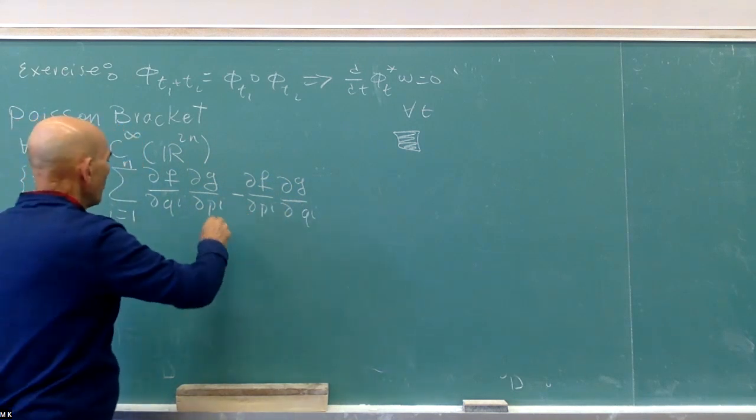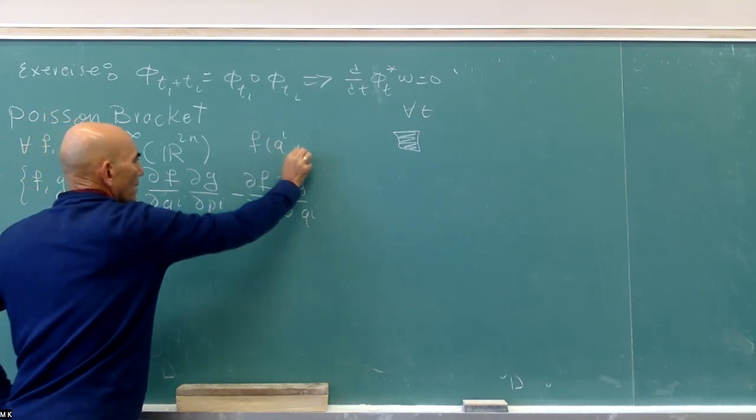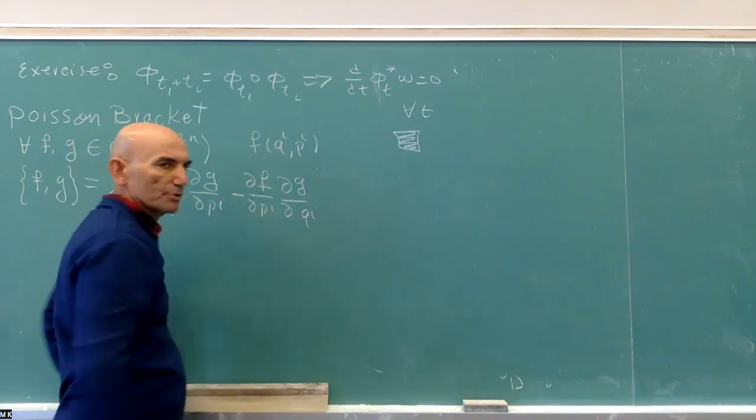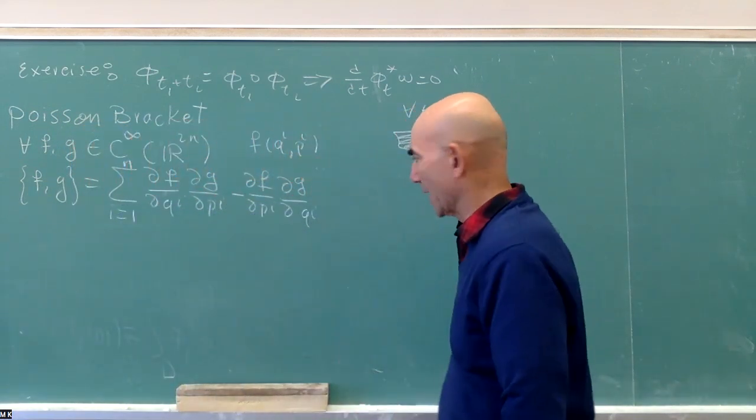You see, we are taking f as a function of q_i and p_i, and g also. So this is the Poisson bracket.